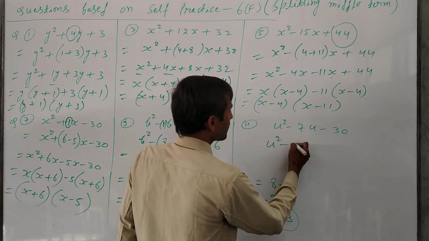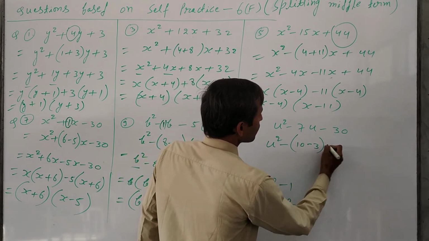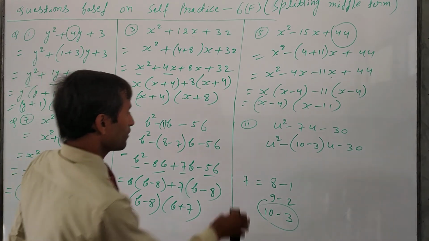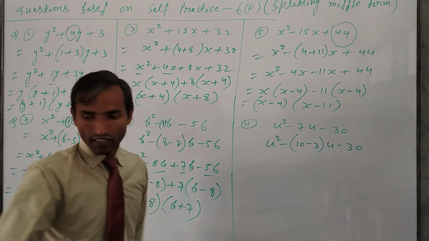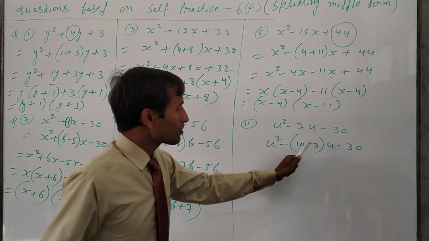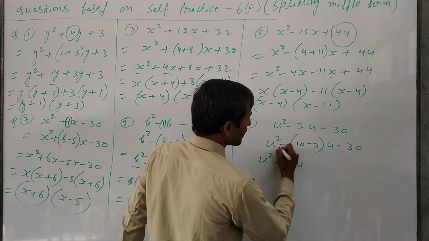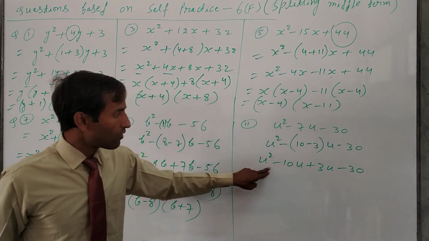So minus 7u, in place of 7 we write 10 minus 3 into u minus 30. Now we multiply u in both the terms. Again the minus sign is outside, so we have to change the sign of both terms here. So u square minus 10u plus 3u minus 30. Now we take common from this.